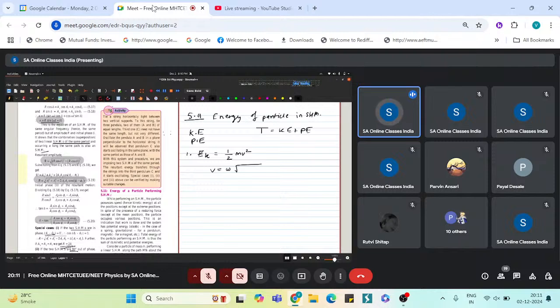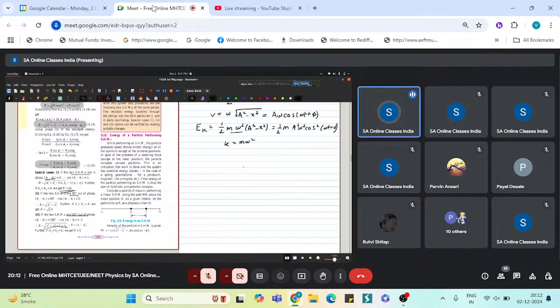So v, we remember, is omega root of a square minus x square, or you can also write it in the form a omega cos(omega t plus phi). These are both formulae for v, and you just have to substitute this here, and then you'll get half m omega square (a square minus x square), or the same thing is equal to half m a square omega square cos square(omega t plus phi).